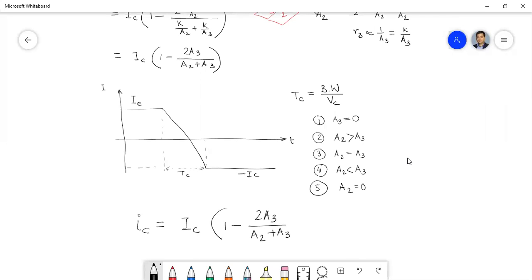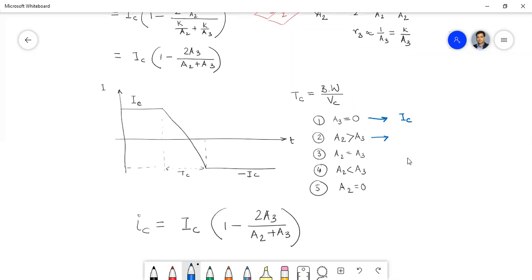If this is the value of this current, for different instances, what values can we get? Let's see. If we take time instant 1, what will be the value? If A3 is 0, then it is IC.